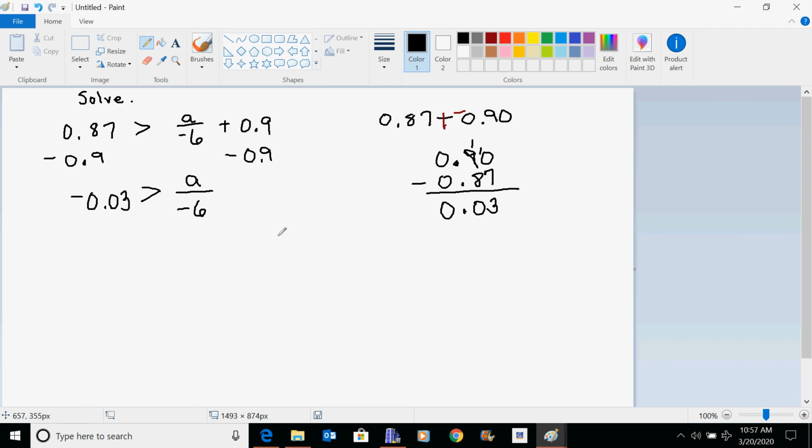-0.03. Now you've got this fraction over here, and in order to make the division by -6 disappear, you need to multiply both sides times -6. So I want to multiply both sides times -6. A couple things happen here.